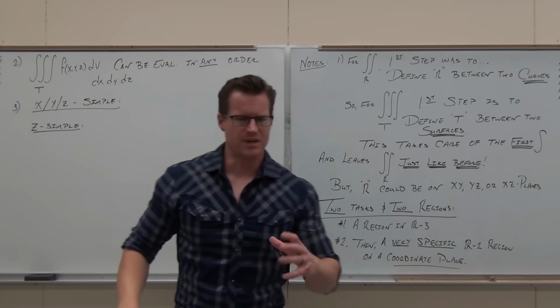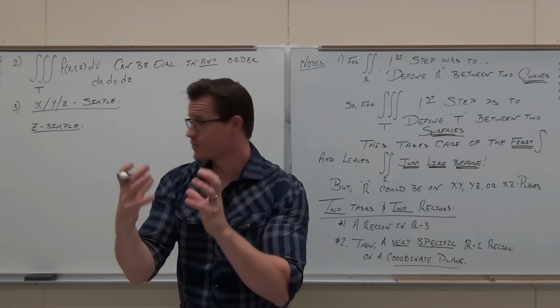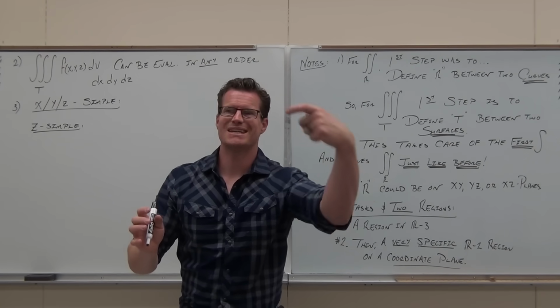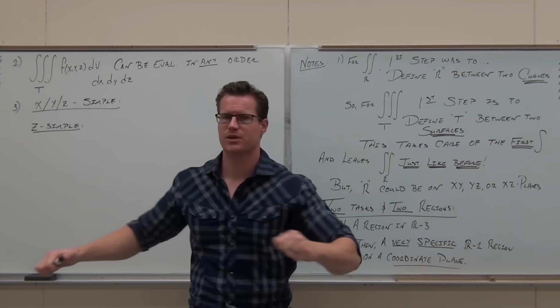Here's what z simple means. What this means is that we're going to define our R3 region, our 3D region, in terms of z equals some function that has just what other two variables? Come on, what other two variables? That's right.